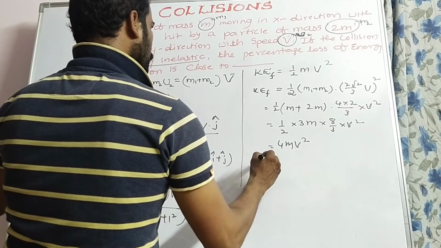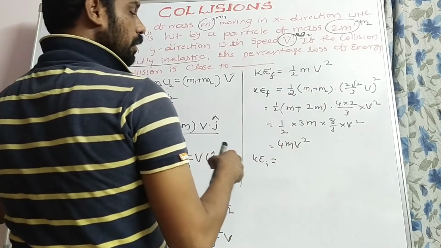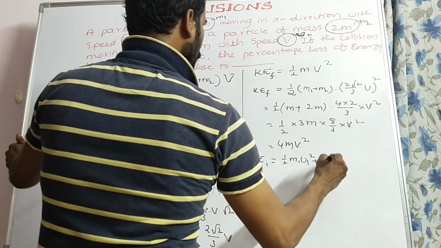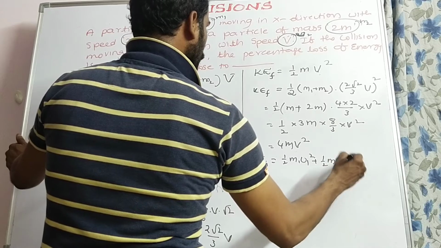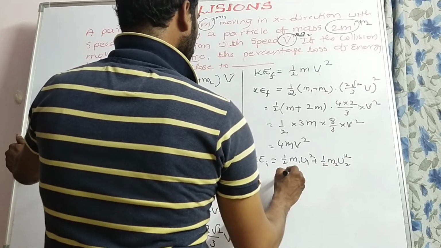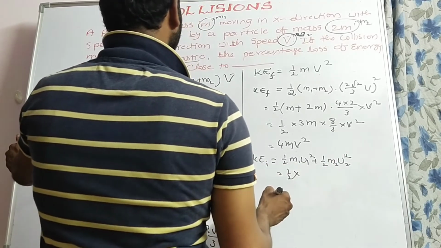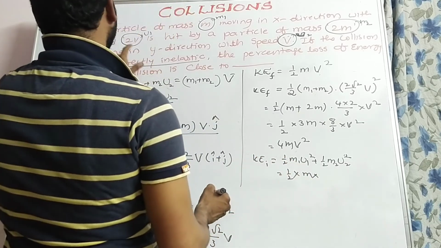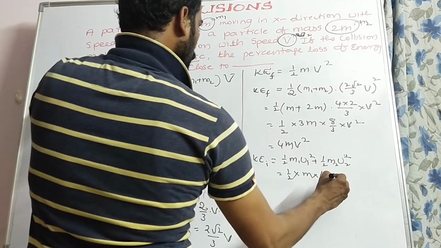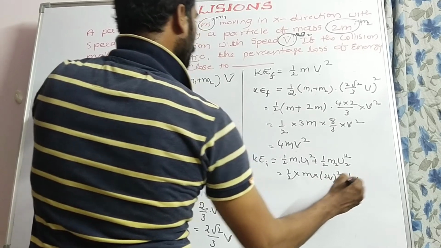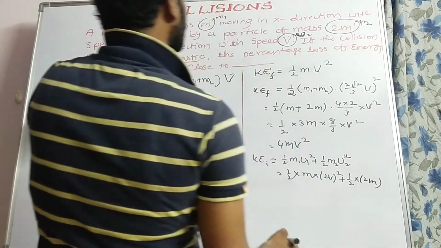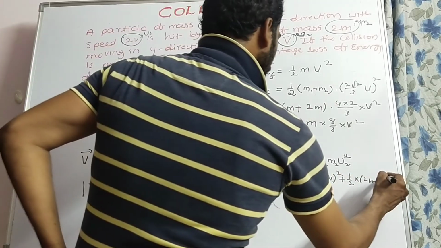Now what about K initial? That is total kinetic energy: half m1 u1 square plus half m2 u2 square. That is equal to half into initial mass m, speed u1 is 2v, so (2v) square, plus half into m2 is 2m, u2 is v, so v square.